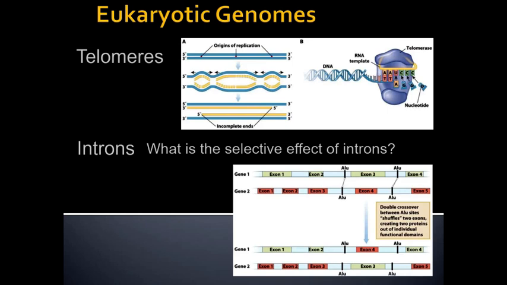Okay, so let's address introns, that other big chunk of non-coding DNA in eukaryotic genomes. Introns do have a very strong case for a selective advantage, and it's the fact that introns usually will break up genes based on their functional subunits. So what that means is if you look at a protein, there are different parts that we can identify.